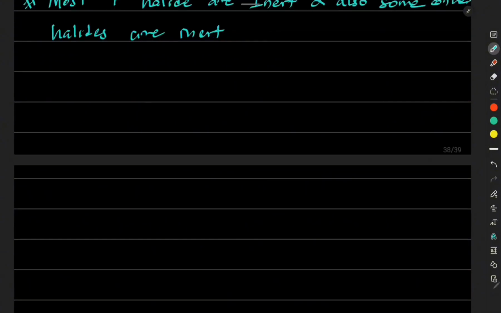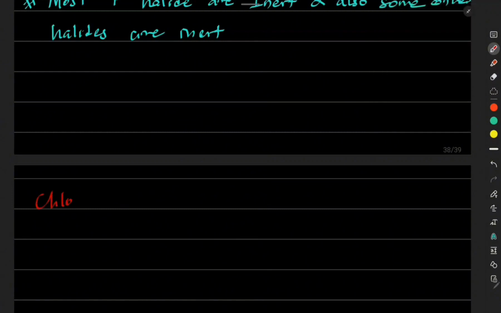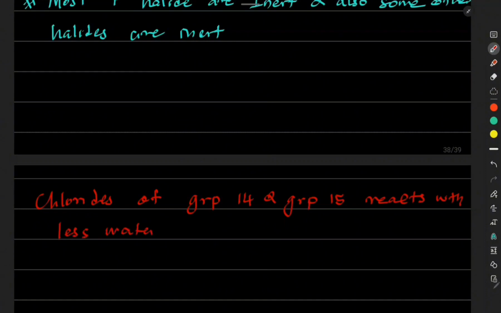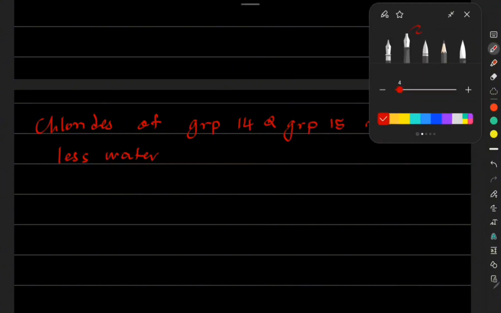Now let's look at the chlorides of group 14 and group 15 reacting with less water. We have two reactions, a silicon chloride reaction and a phosphorus chloride reaction.